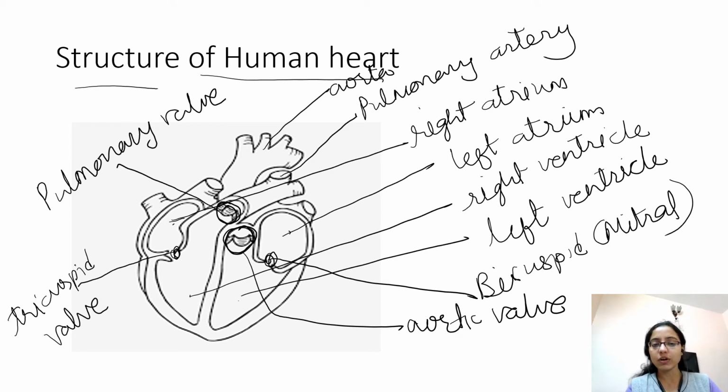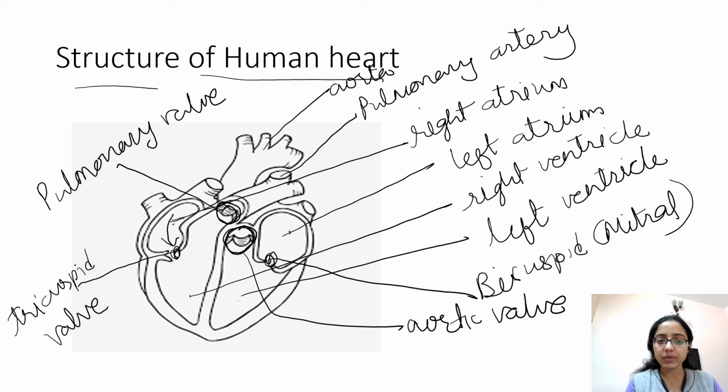Now what is the flow of the blood? How is the blood flown to the body and to the heart? Different parts of the body send deoxygenated blood to the heart, right? So the right atrium receives the blood which is deoxygenated.